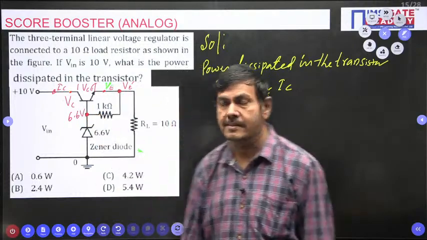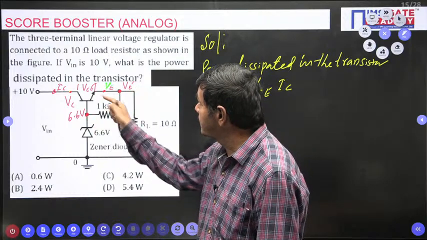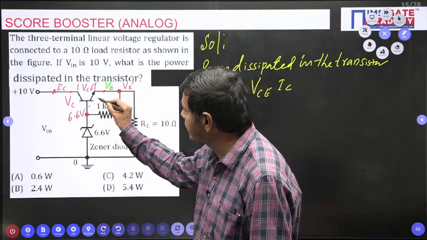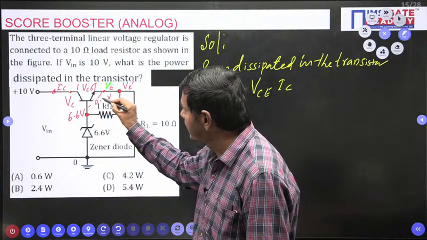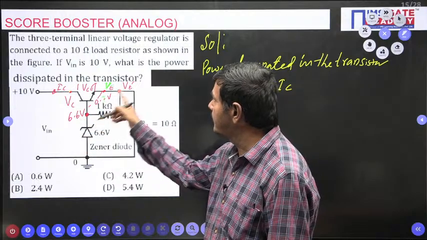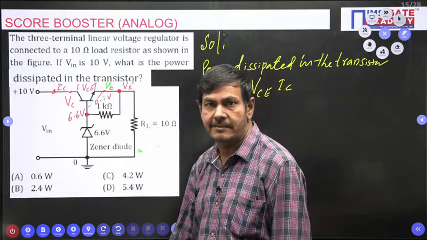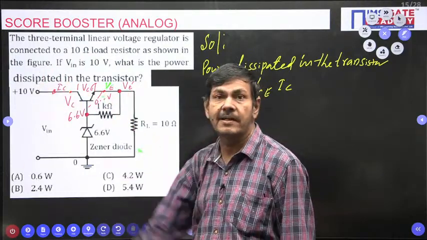VE is 6.6 minus the drop across this, which is 0.7 only possible. So 6.6 minus 0.7 gives the emitter voltage. Once I get VE, I can determine the VCE value.